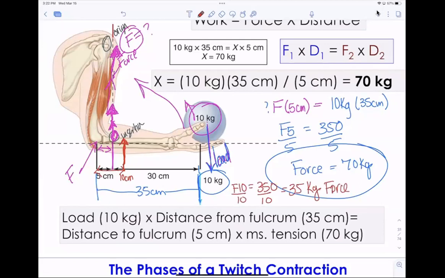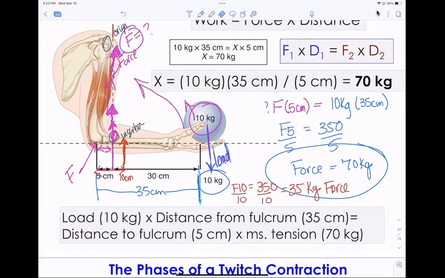So that is to say, the muscle insertion and how far it's located from the fulcrum determines how much force the muscle has to produce. And so biomechanically, some people can have a biomechanical advantage, meaning they can produce less force in a muscle to move the same amount of weight if their insertion is, say, farther away from the elbow or olecranon. And that's generally the difference between males and females.